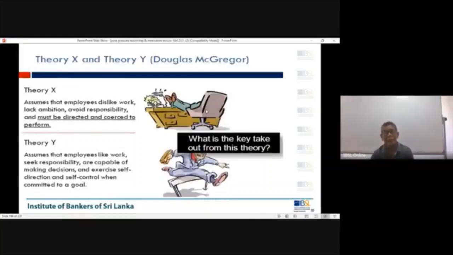That was developed by Douglas McGregor. What are Theory X and Y talking about, and what is the key takeaway from this theory? Douglas McGregor said that in an organization, you find two types of employees.